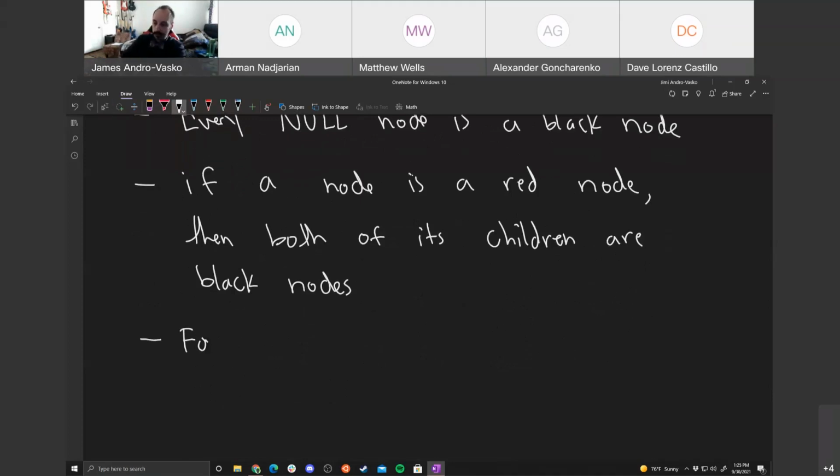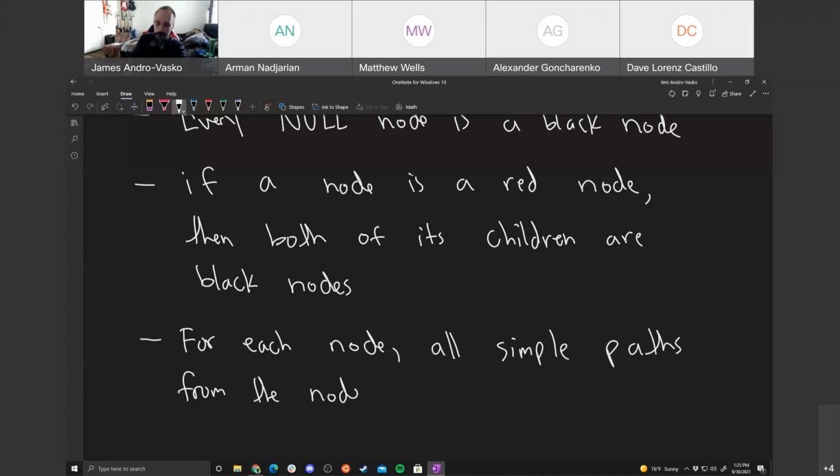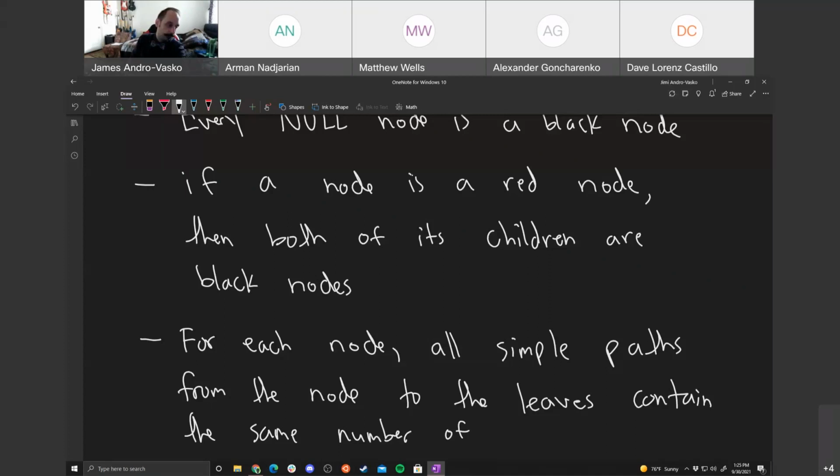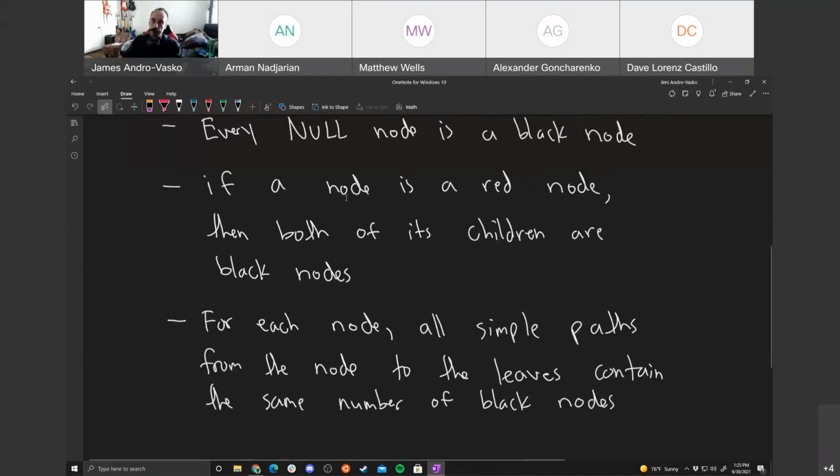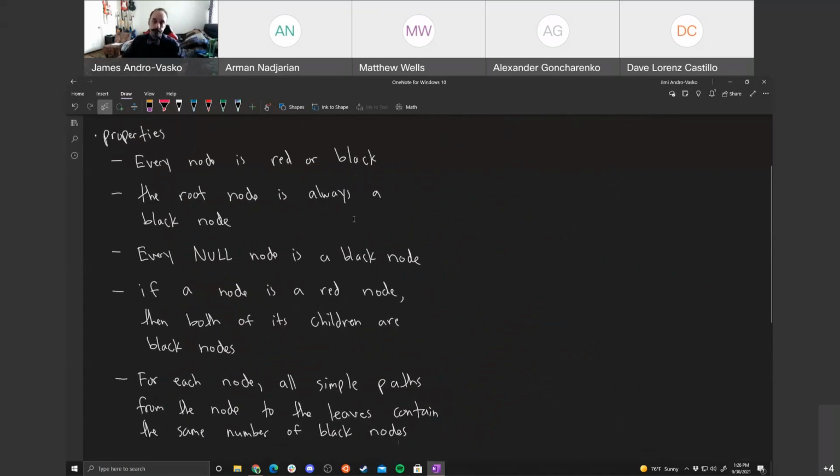So for each node, all simple paths from the node to the leaves contain the same number of black nodes. This is actually a very important property for red-black trees, because it is going to maintain the balance.